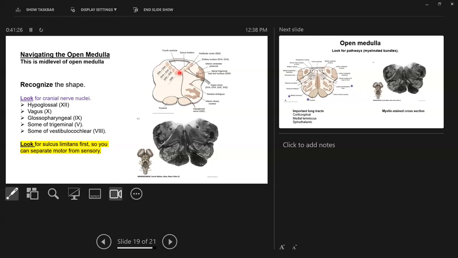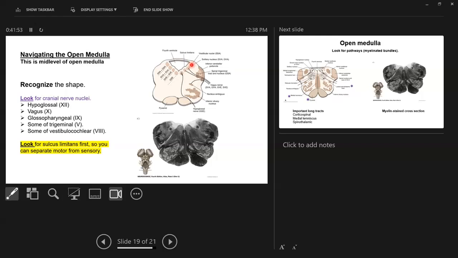Somatic motor is always medial most, and then the visceral motor. A little deeper, the branchial motor or SVE component, as it's known. And then just lateral to sulcus limitans, we are getting into the sensory components of these nuclei belonging to these various nerves.